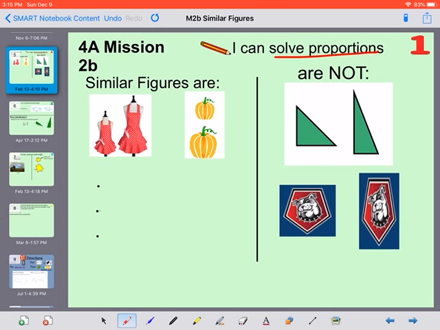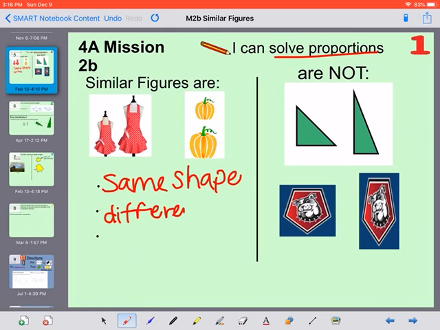What are similar figures? They are the exact same thing, the same shape, but they are different sized. Different size. So those are the first two things.